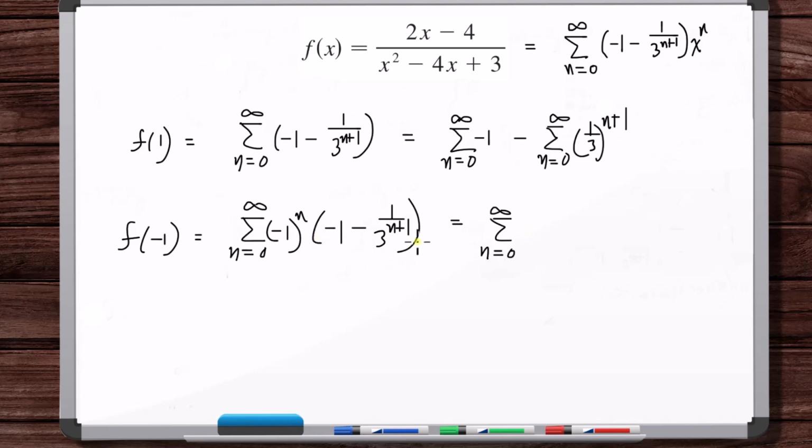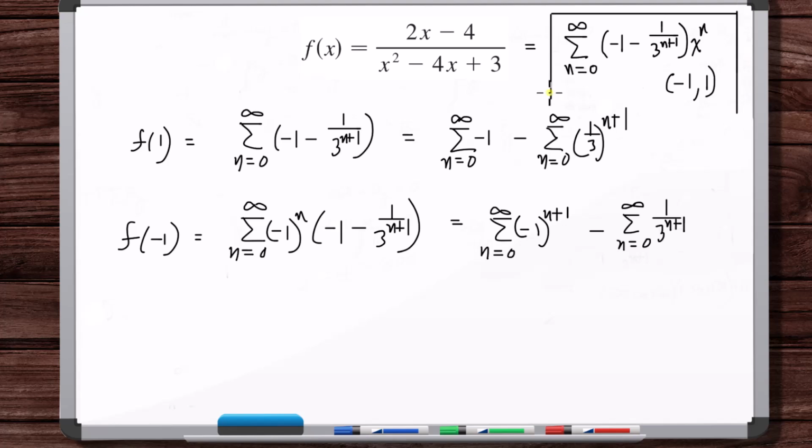Minus 1 to the n times minus 1, that's minus 1 to the n plus 1. This is convergent, but this is divergent again. It's oscillating, not converging to anything. So the domain here is -1 to 1, not including the endpoints. Radius is 1, and the interval does not include the endpoints.